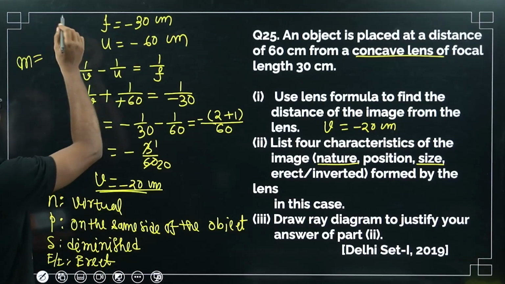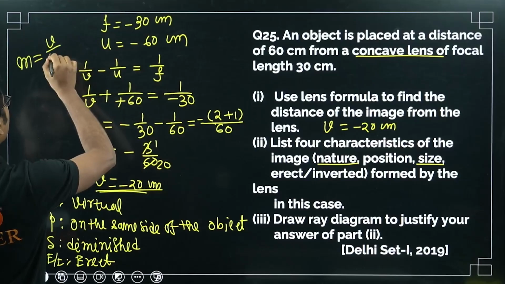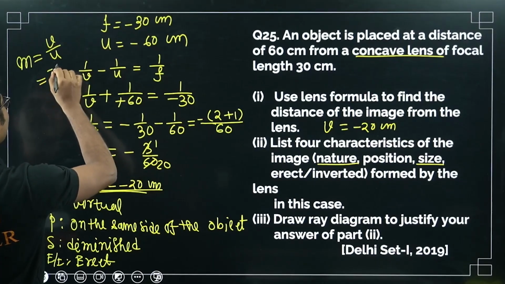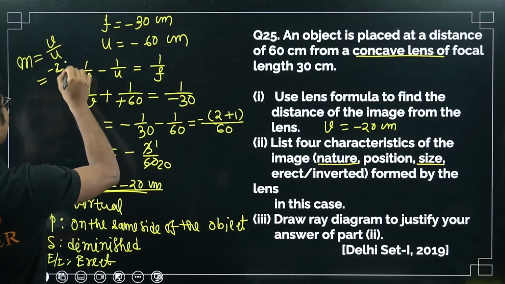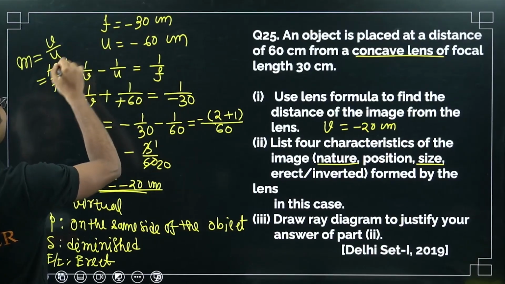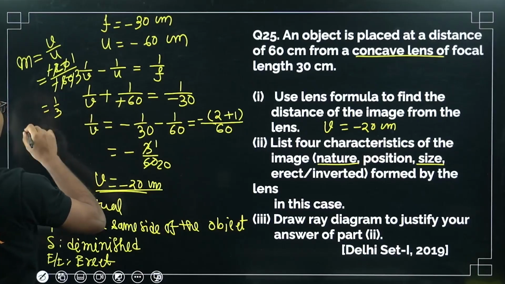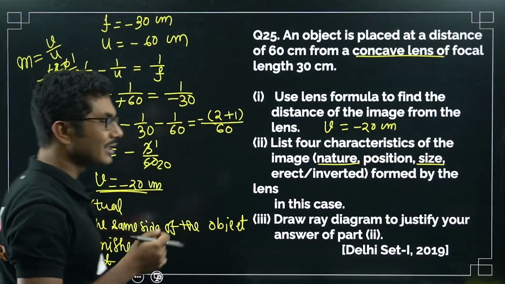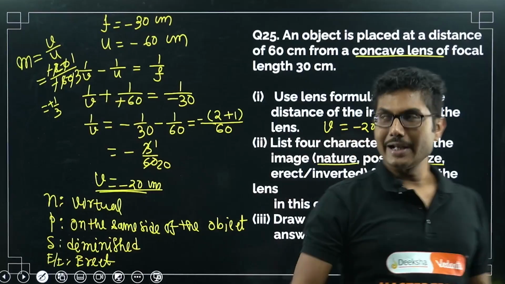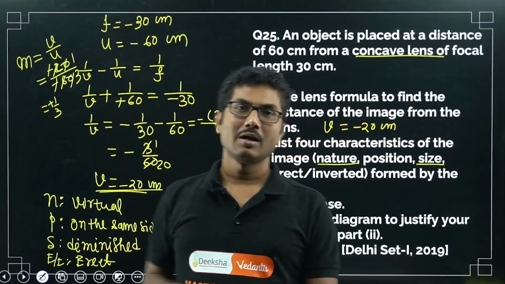If you calculate m, you will get the value of m to be positive, v by u. So v is minus 20, u is minus 60, so m is plus 1/3. M is plus 1/3 means it's an erect image, right? And it's a diminished image because the value of m is less than 1.